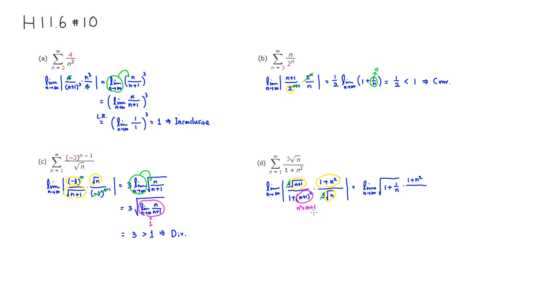I'm going to combine 1 and 1, so that becomes 2. So n squared plus 2n plus 2. Then, to take the limit, I'm going to divide the top by n squared, and the denominator by n squared.